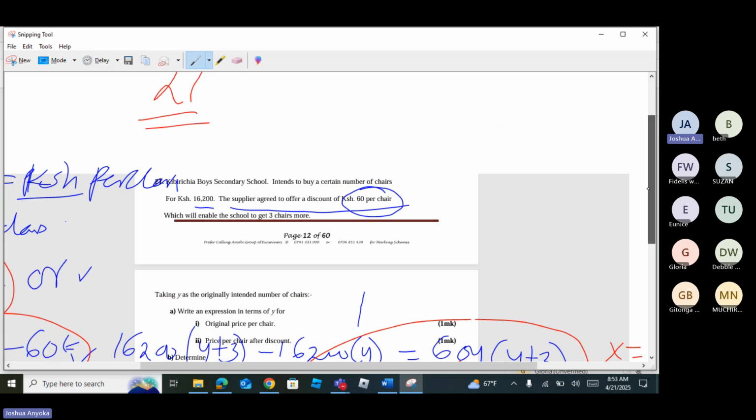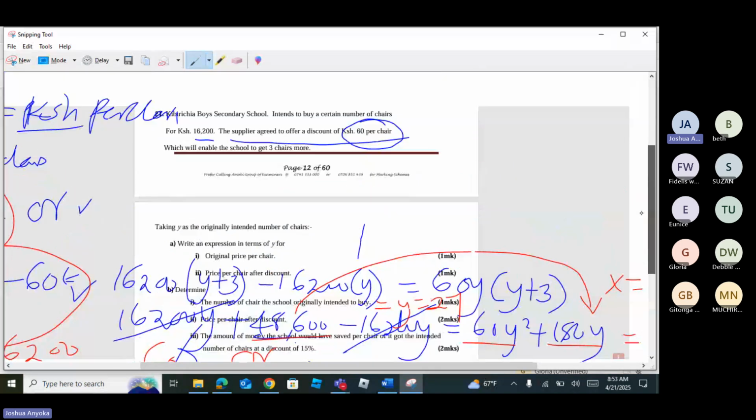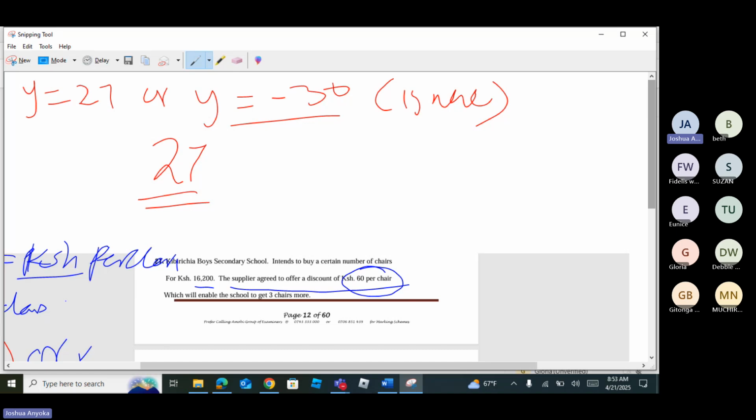Our next question is the price per chair after discount, part B Roman 2. Price per chair after discount. So it will be 16,200 divided by y plus 3.